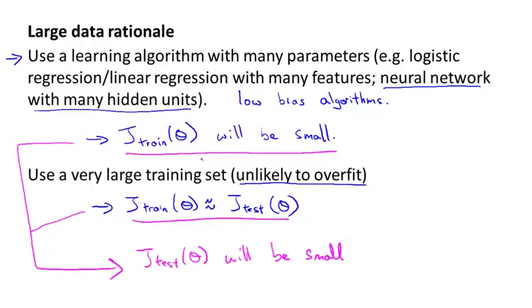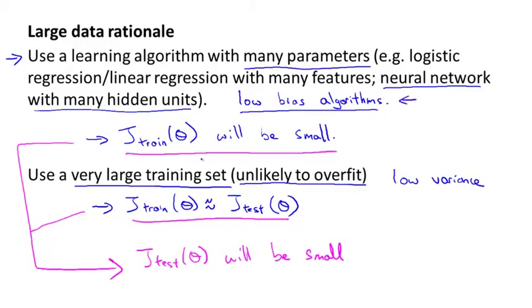Another way to think about this is that in order to have a high performance learning algorithm, we want it not to have high bias and not to have high variance. We address the bias problem by making sure we have a learning algorithm with many parameters, which gives us a low bias algorithm. And by using a very large training set, we ensure that we don't have a variance problem either, so hopefully our algorithm will have low variance.